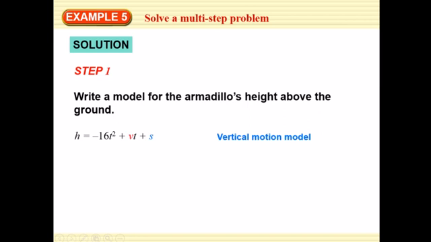Alright, and using the information from our problem, I'm going to be substituting in a 14 for the v, for velocity here. And my initial height, s, is 0 because it's starting on the ground. So that's a little bit of a hidden piece of information within the words.